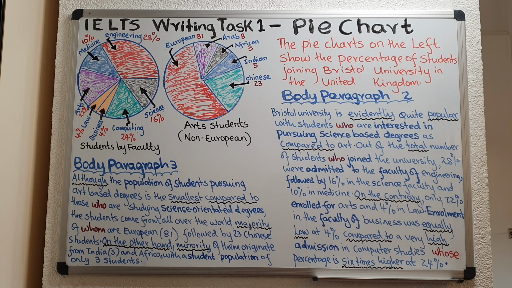So body paragraph 2 is going to be based on the pie chart about students by faculty, and body paragraph 3 is going to be based on the information that is given in the second pie chart on arts students. So the most important thing is to divide your information. It is extremely important so that it's very clear in your mind.